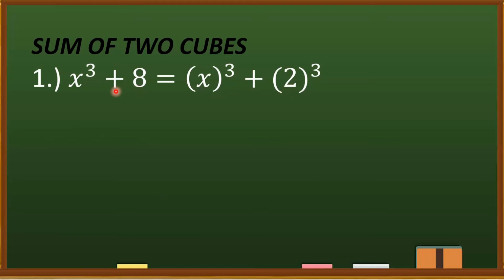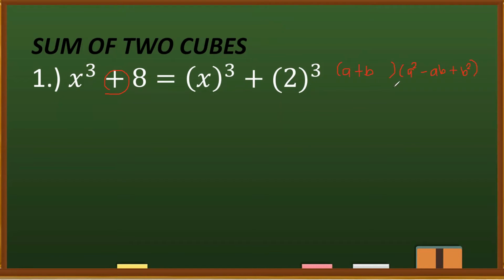So since positive ito, ano yung magiging formula natin dito? Since positive, we have one binomial again and one trinomial factor, right? So since this is positive, our formula will be a plus b. And then our trinomial will be a squared minus ab plus b squared.